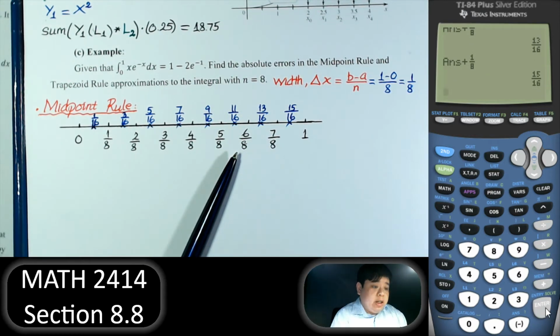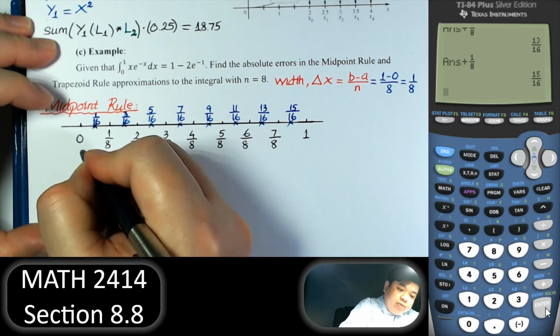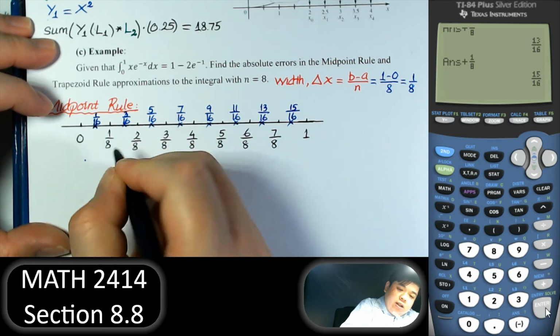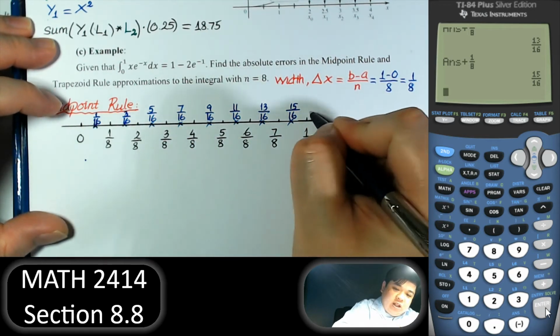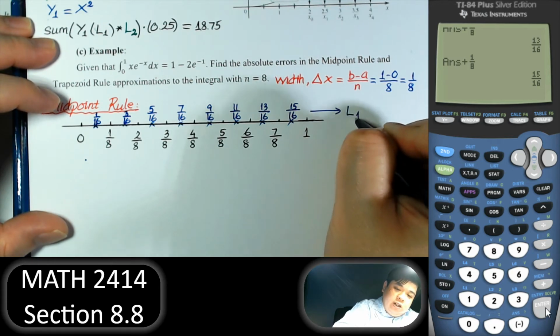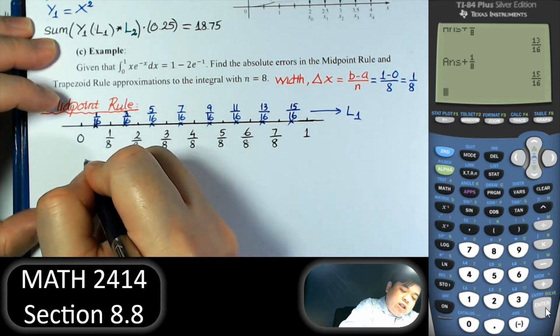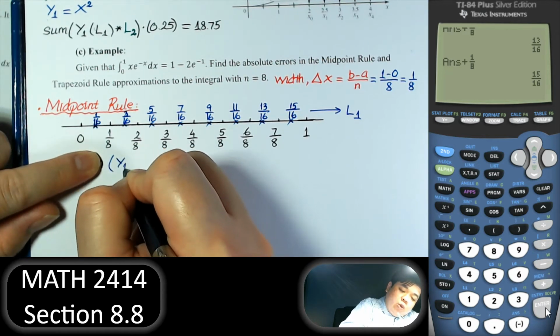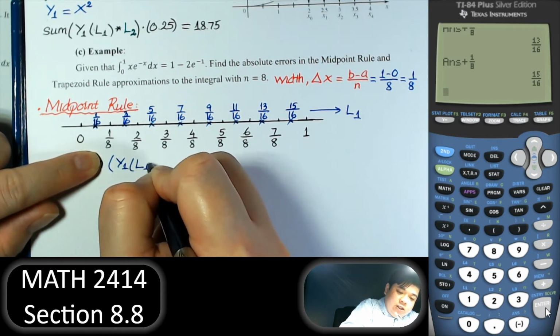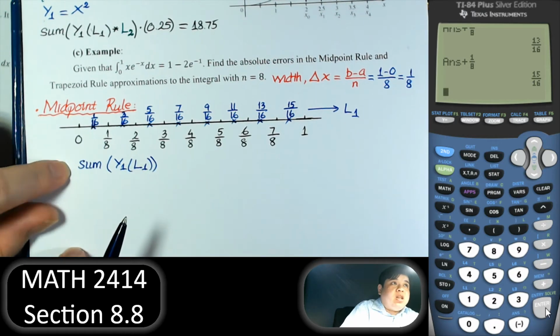And the midpoint rule is we evaluate at the midpoint multiplied by the width. So first, later on we store all of this into L1, and then we evaluate at Y1 and multiply by the sum.